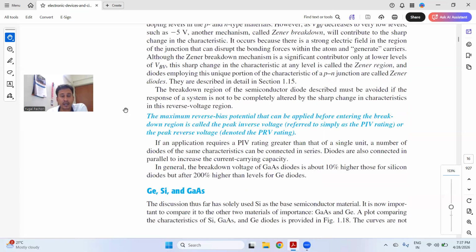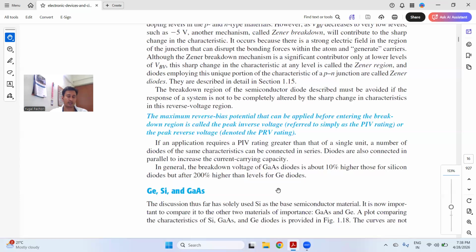So let's continue our discussion, and as you can see, germanium, silicon, gallium arsenide. The discussion thus far solely used silicon as a semiconductor material. It is now important to consider two other materials, gallium arsenide and germanium. I already told you in the first or second video of this series that silicon is preferred. Why?